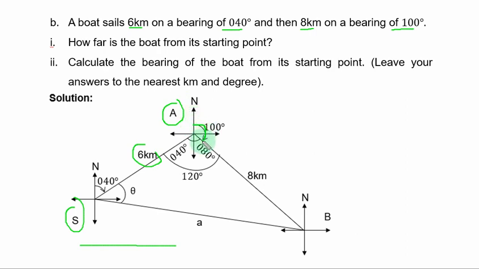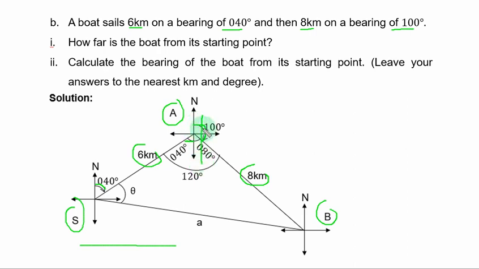Here is 100 degrees, a distance of 8 kilometers to point B. Now, if here is 40 degrees, here is also 40 degrees, alternate angles. The whole of this side is 180 degrees.